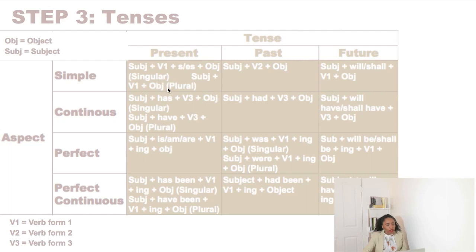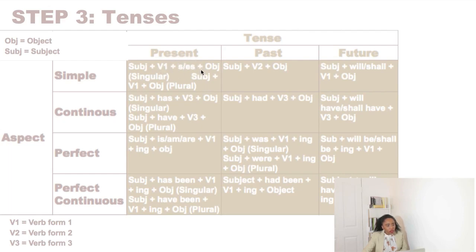The way the sentence modification applies in this instance would be, you'd have your subject and you have your verb in its first form, and then you add s or es added to the verb.